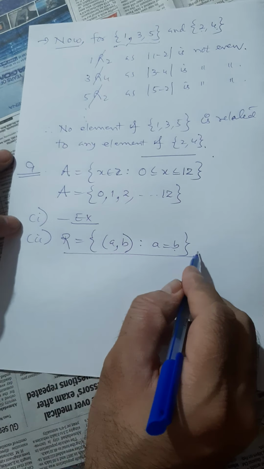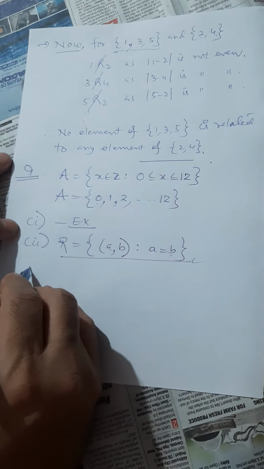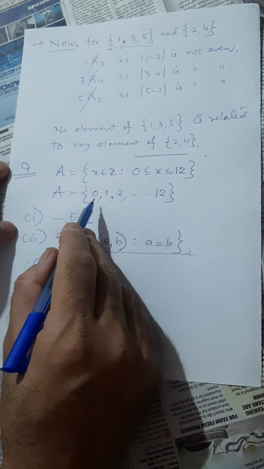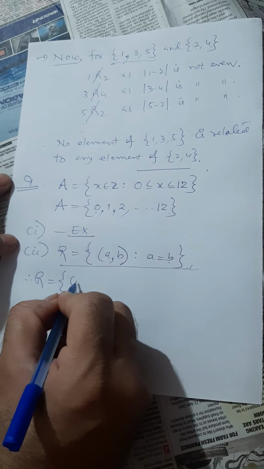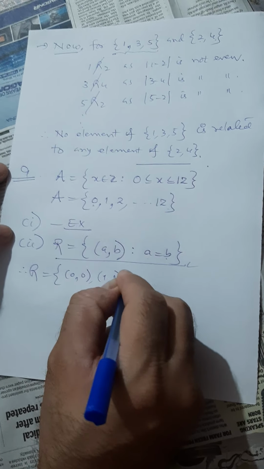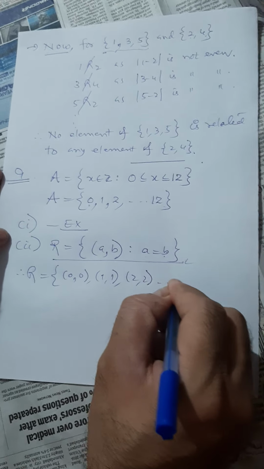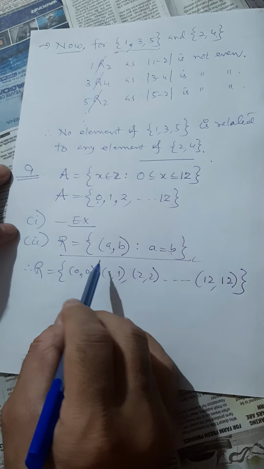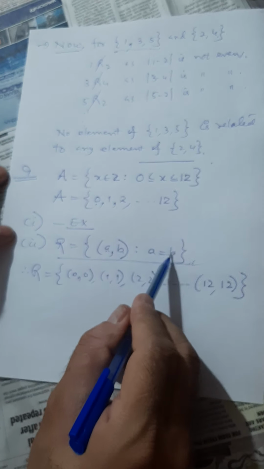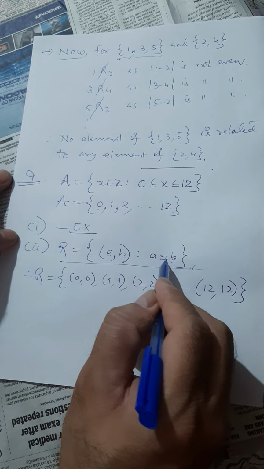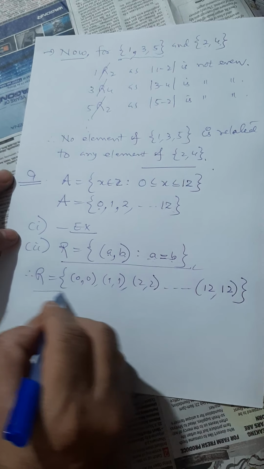So here you have just 13 members in a set, so you can list out if you want. So R equals to 0 comma 0, 1 comma 1, 2 comma 2, and so on up to 12 comma 12. Only this many members will be there. You cannot have 1 comma 2 because 1 is not equal to 2. You cannot have 2 comma 3 because 2 is not equal to 3. Numbers should be equal. This is the relation set.